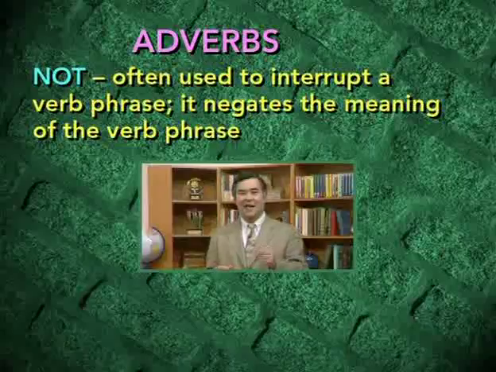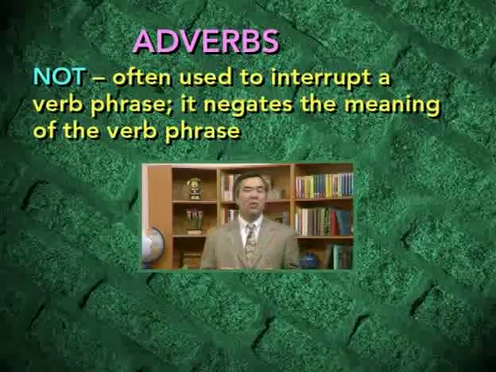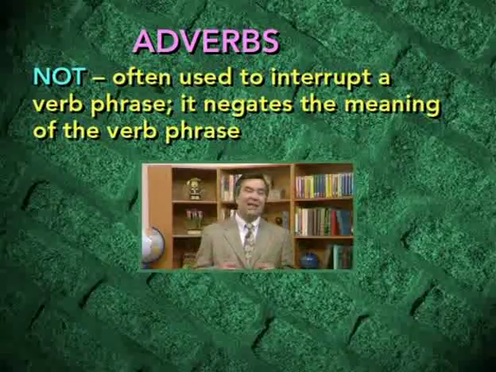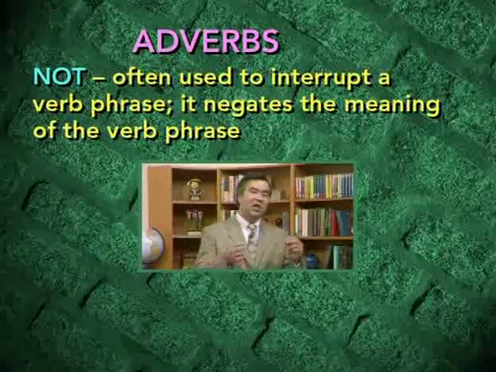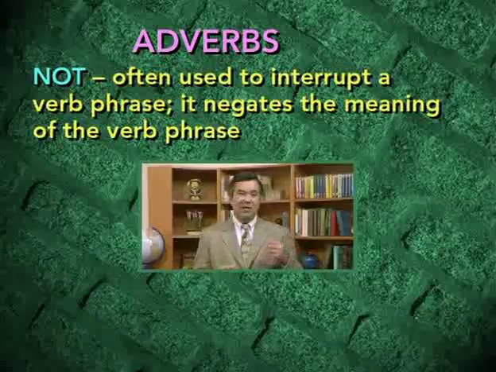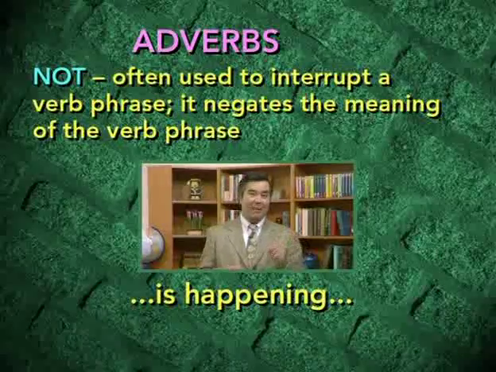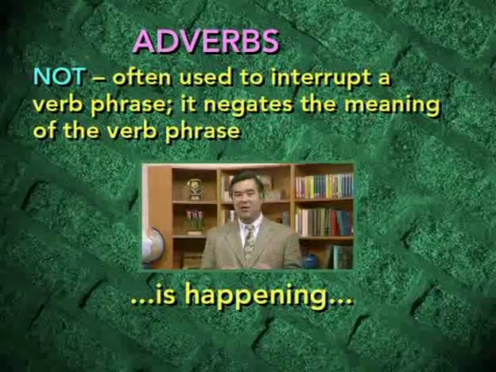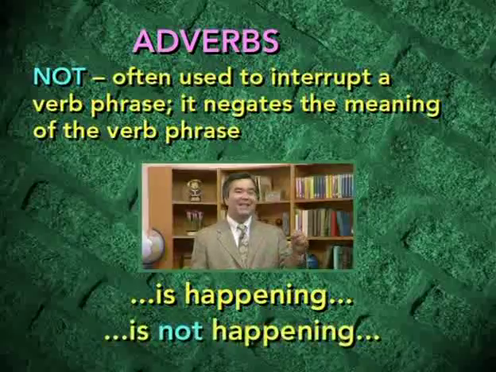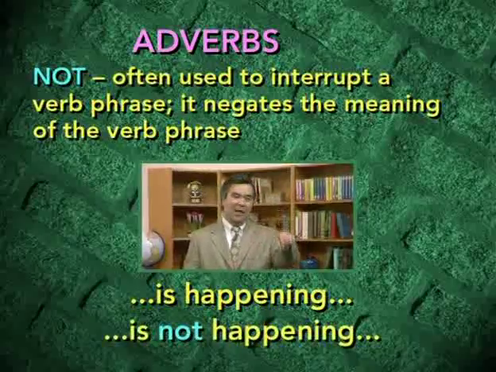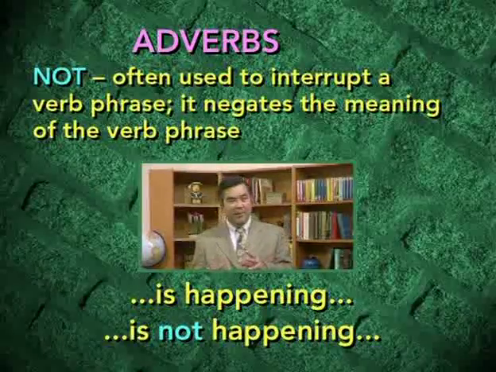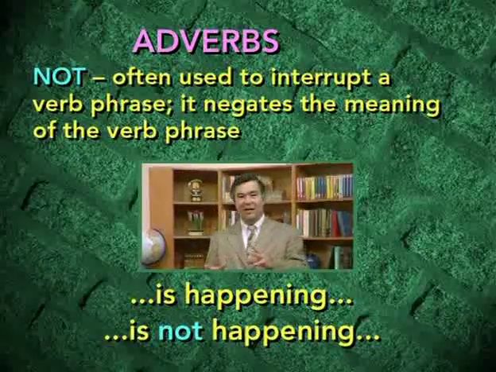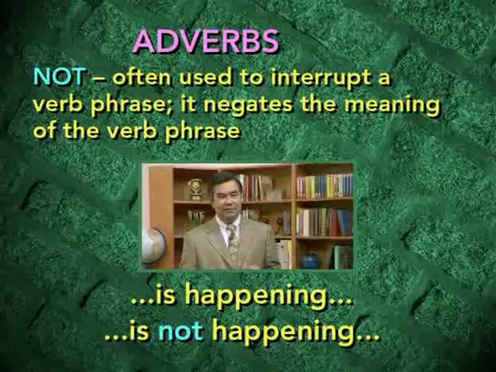And in fact, in the way I just used the word not, that illustrates how the adverb not is used to interrupt a verb phrase. We could refer to something that is happening, and is happening is the verb phrase, or something that is not happening. And by inserting the adverb not in the middle of the verb phrase, we turn the phrase into a negative rather than a positive.